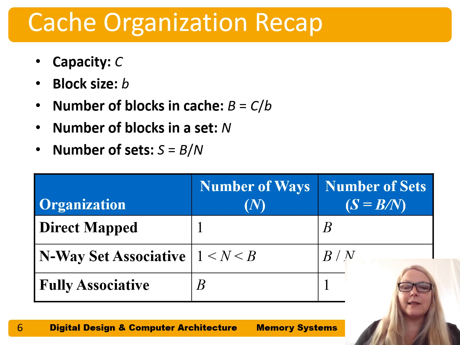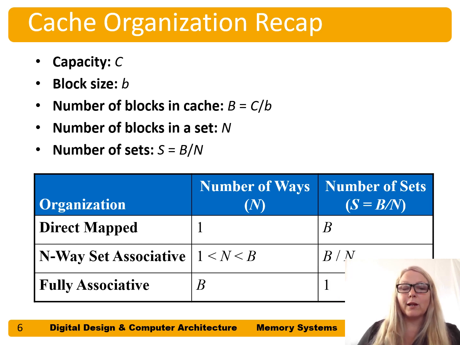For an N-way set associative cache, again, simply called an associative cache, we have at least 2 ways and fewer than the number of blocks. And the number of sets is then B over N. For a fully associative cache, the number of ways is equal to the number of blocks, and we have a single set.